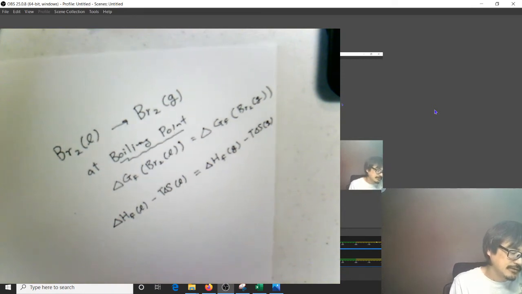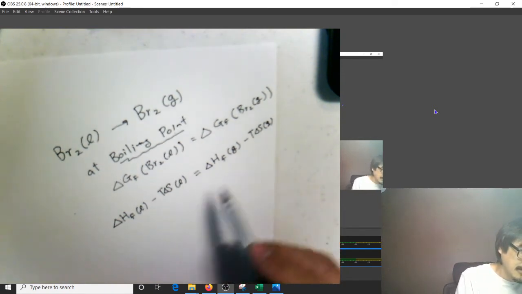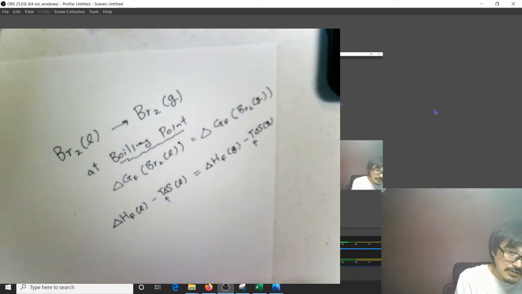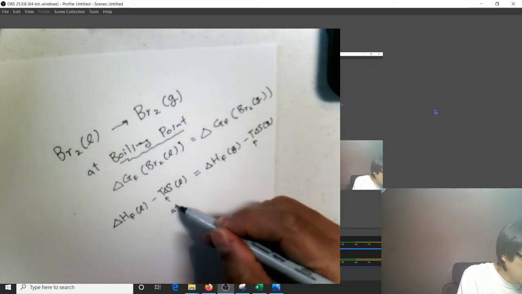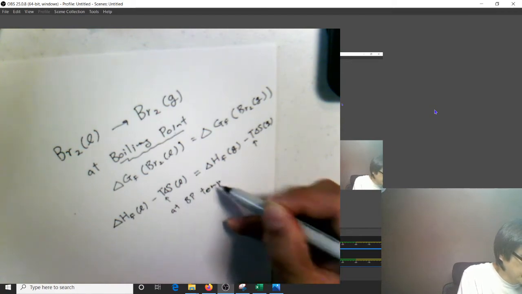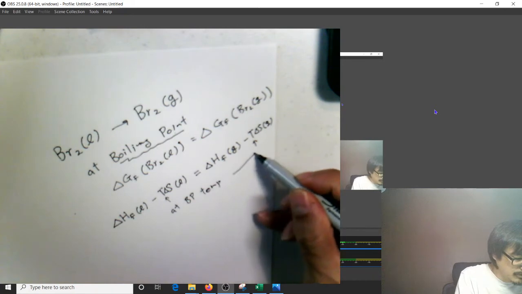Good. Then we are trying to solve for this T, because T has to be at the boiling point temperature for both of these.